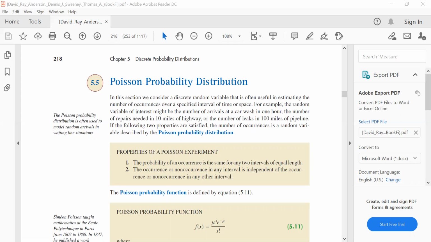It is another important probability distribution for the discrete random variable that has a large number of applications.